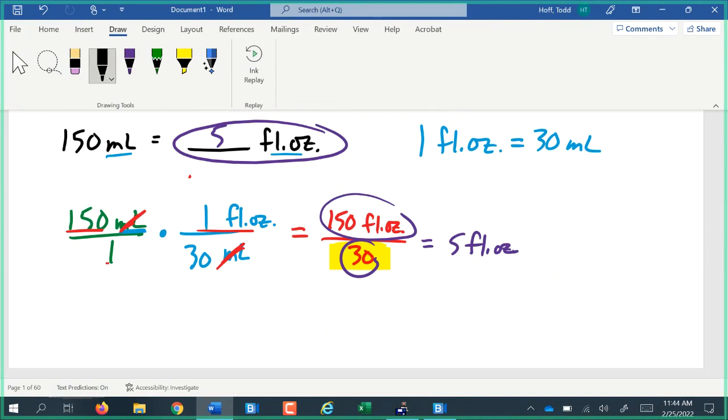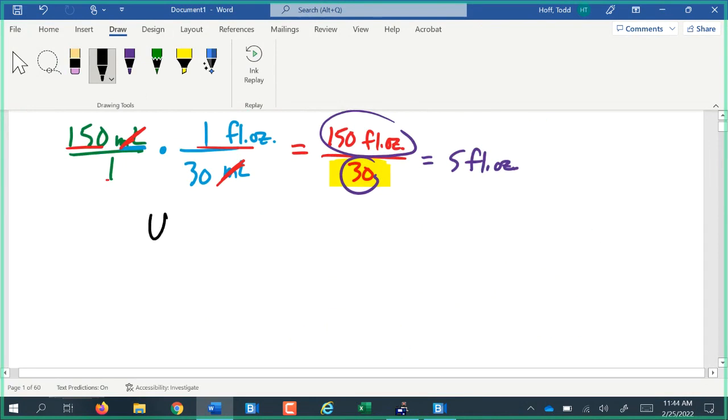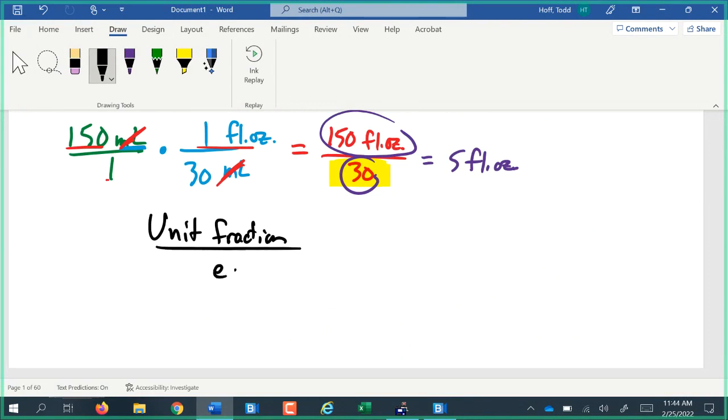So as we've seen here, any equivalency can be a unity fraction. And when we're doing measurement conversions, an equivalency is the main source of our unity fractions.